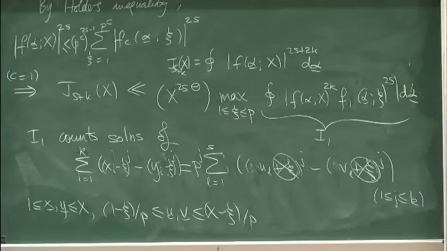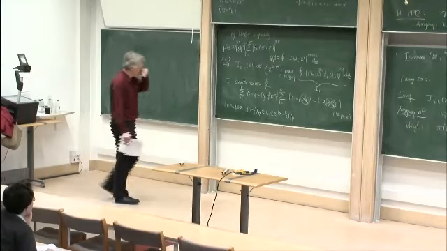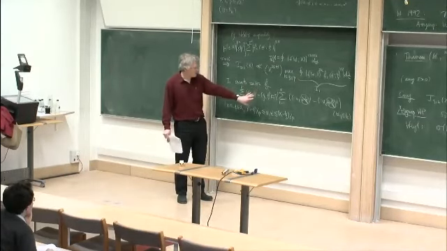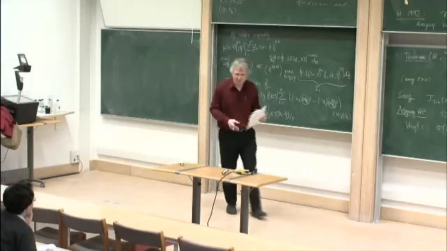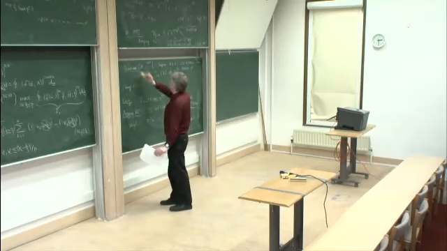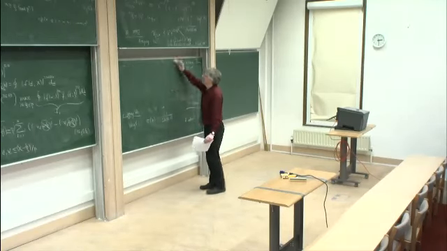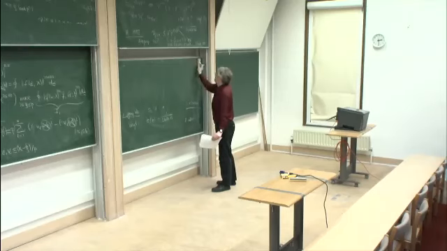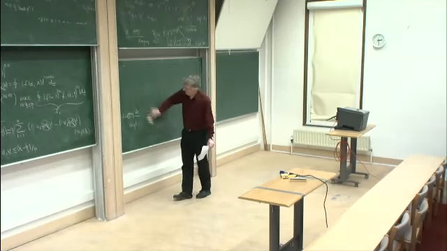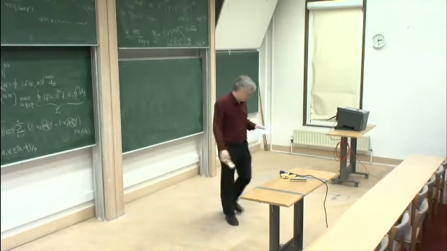From mod p, I've now got to mod p to the k in the uppermost equation. So our task now is to exploit this congruence condition so as to constrain the variables in a way which gives this recursion formula.